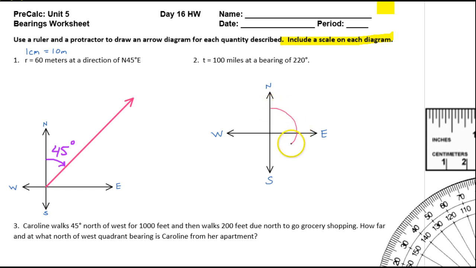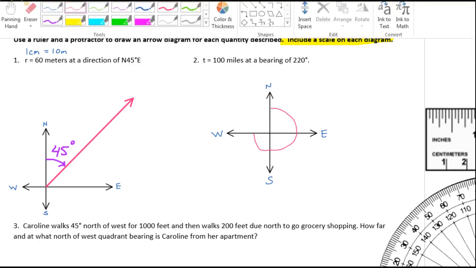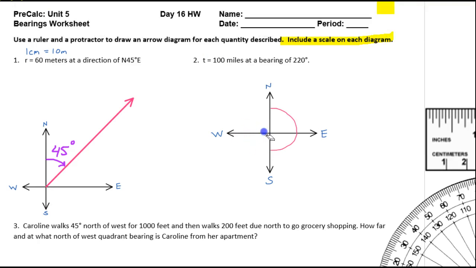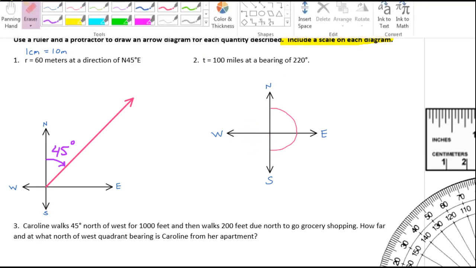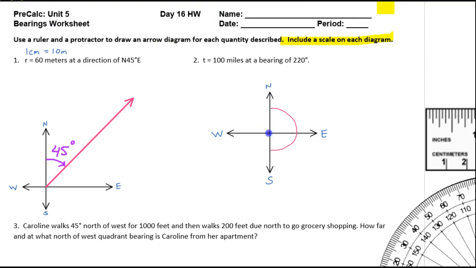So there's 90, there's 180. Okay, if I went all the way to here, that would be a bearing of 270. So that would be too far. So I know that we're talking about the third quadrant here.